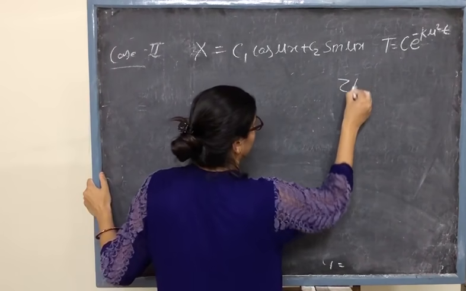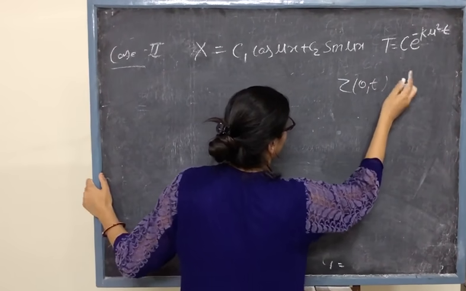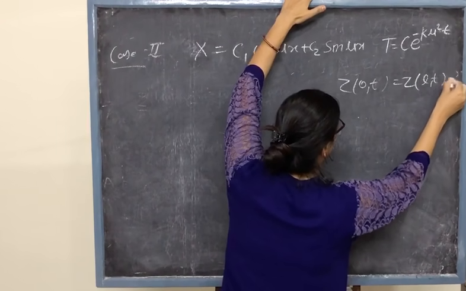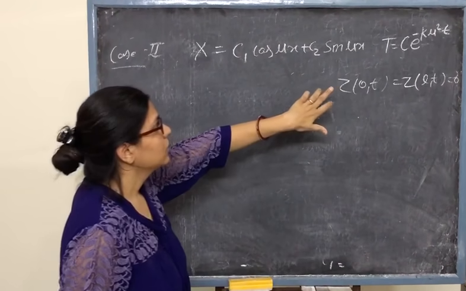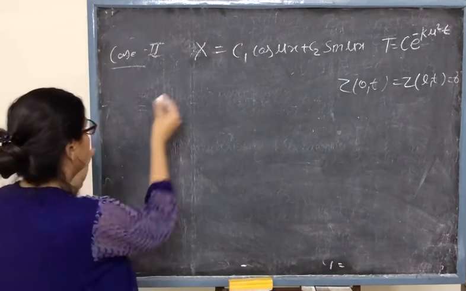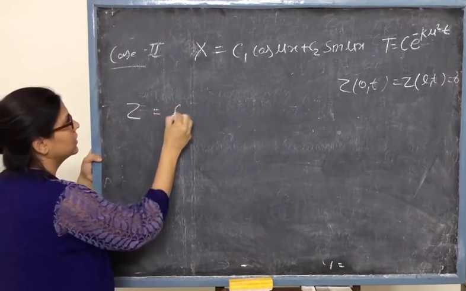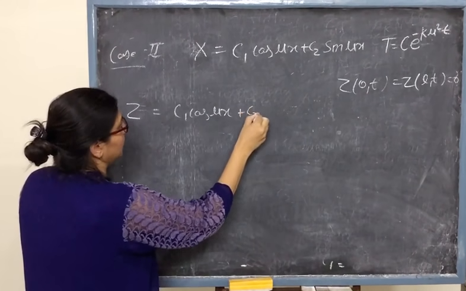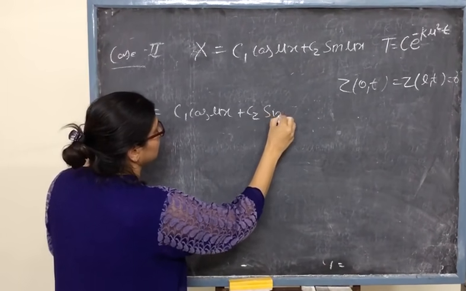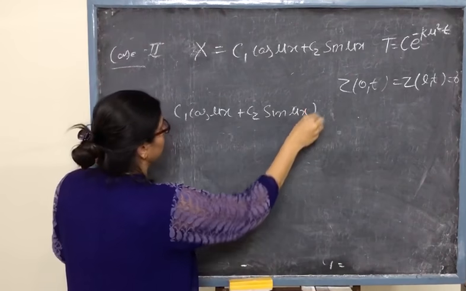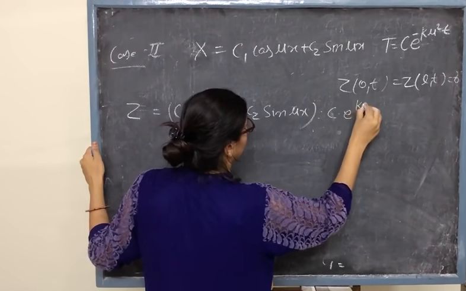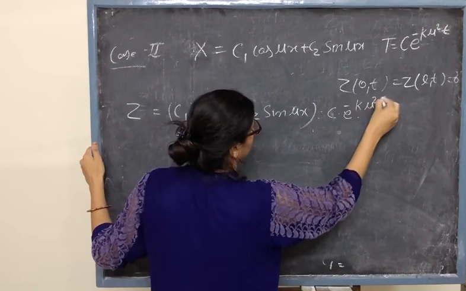Again applying the boundary conditions, z of 0, t equals to z of l, t equals to 0. Now, first of all, what is our z? z is c1 cos of mu x plus c2 sin of mu x into c e raised to the power k mu square t.